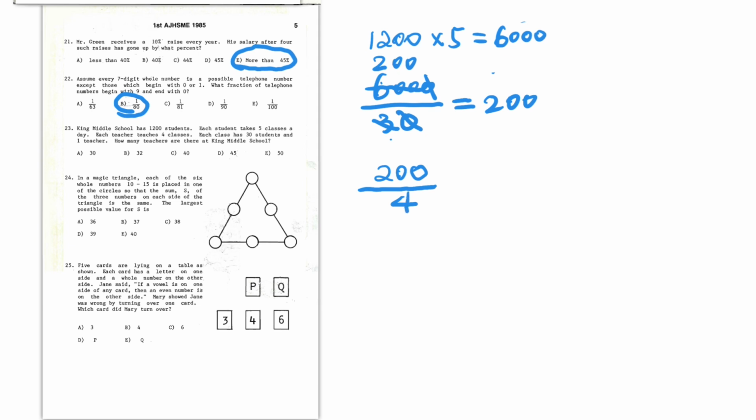That means how many teachers we need. Cancel the 4. 5 times 4 is 20. So it equals 50. The answer is E, the school just needs 50 teachers.